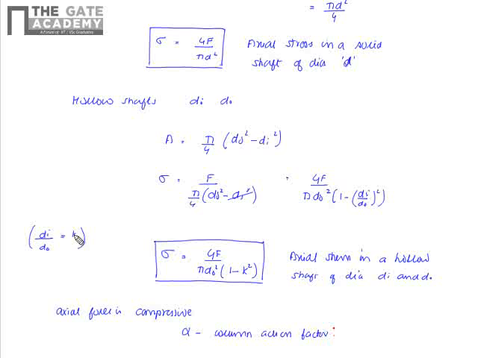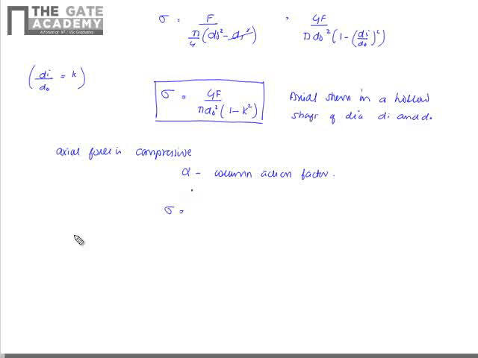When the axial force is tensile, this column action factor is taken as 1. So in this case, the normal stress will become 4 alpha F divided by pi do square into 1 minus k square. And for tensile loading, alpha is equal to 1.